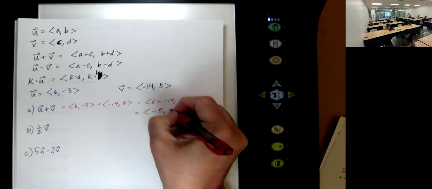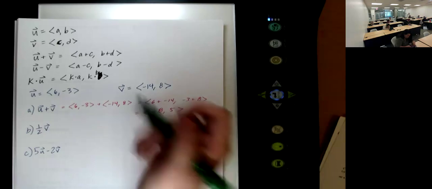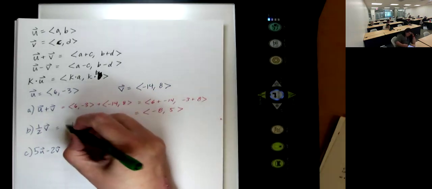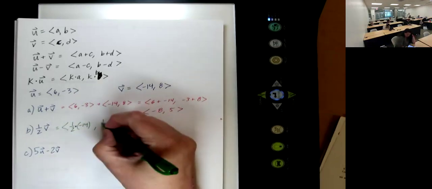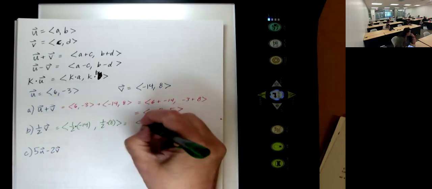Negative 8, 5. This will be 1/2 times negative 14, 1/2 times 8. Should be negative 7, 4.